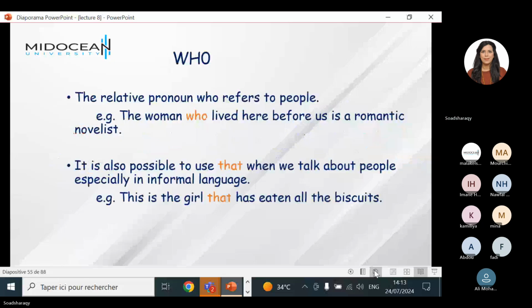Who: the relative pronoun who refers to people. Example: the woman who lived here before us is a romantic novelist. It is also possible to use that when we talk about people, especially in informal language. This is the girl that has eaten all the biscuits.